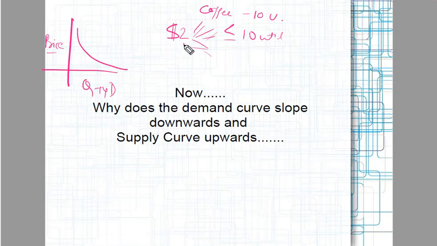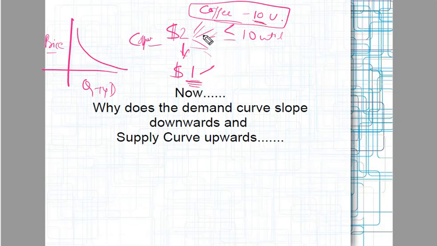But now if the price of coffee declines to $1, you still derive 10 utils from coffee, but now you get 10 utils with $1.